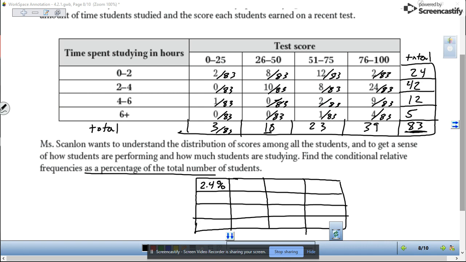8 divided by 83 is 9.6%. Keep going. 12 divided by 83 is 14.5%. The next one is 2 divided by 83.